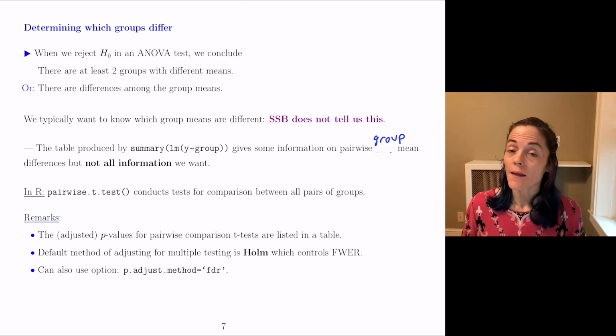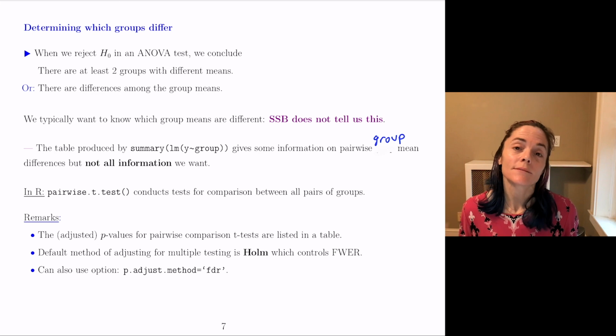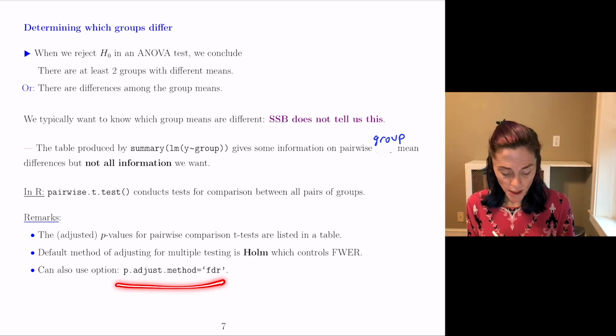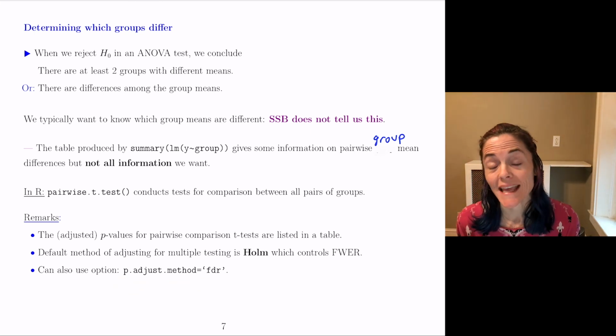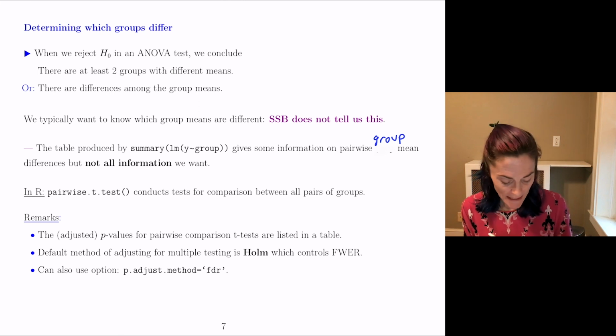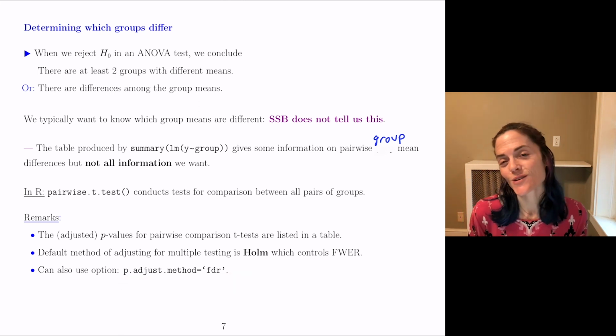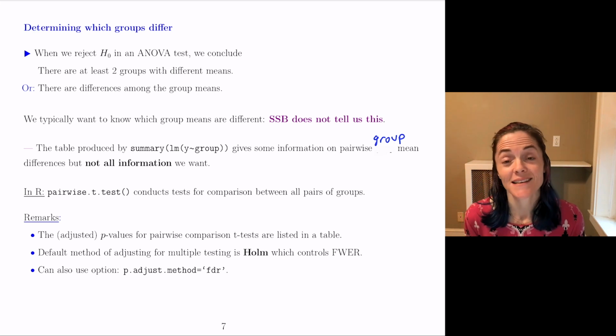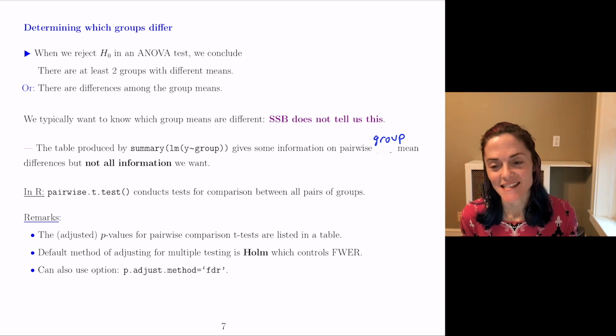It's an improvement on the Bonferroni for the ANOVA, but you can also use this option to have a Benjamini-Hochberg. If you have a lot of groups, this would be ideal. We know the Benjamini-Hochberg is a better adjustment when you have a lot of hypotheses that you are testing.